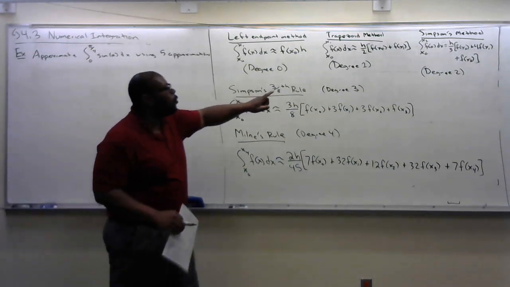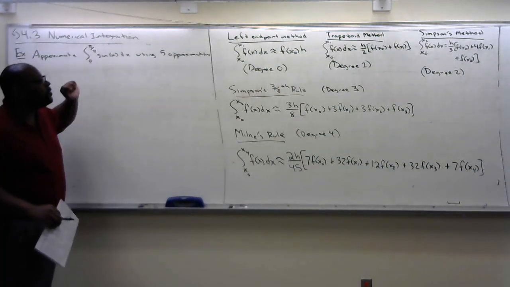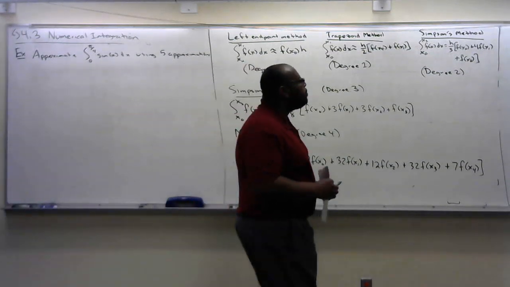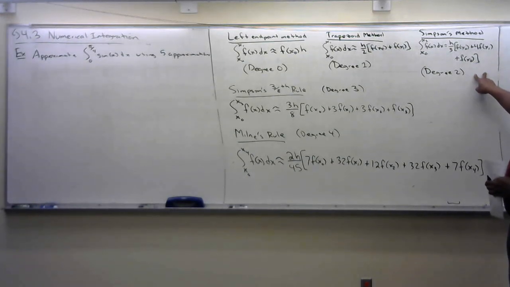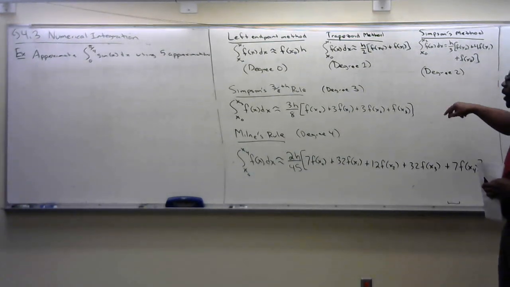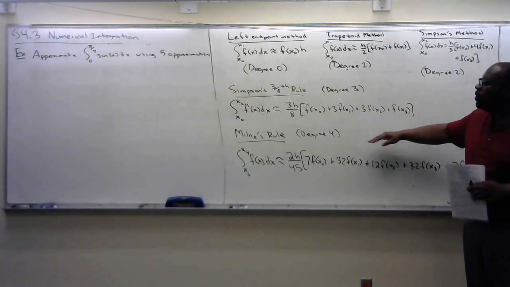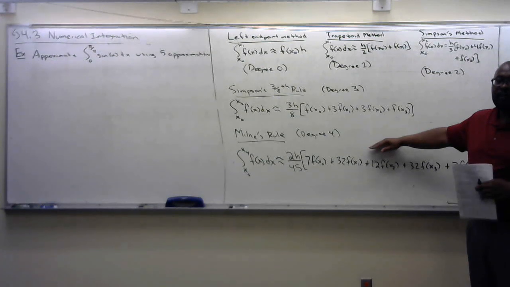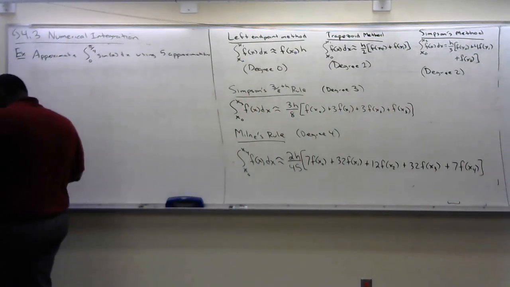The same for the trapezoid method. However, for Simpson's method, I need to break it up into 2 parts, so I'm going to split this at pi over 8. For Simpson's 3/8 rule, I have to split it into thirds, and for this one, into fourths. So I'm going to handle it a little differently from the last one.